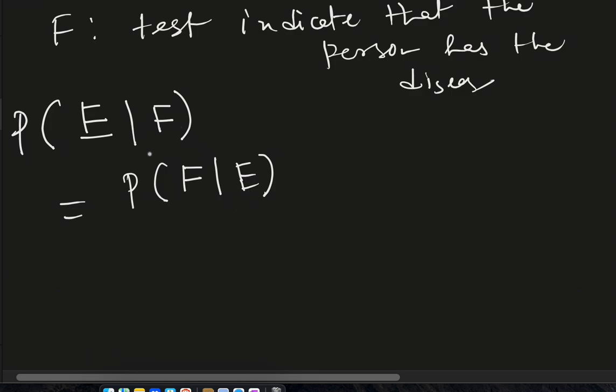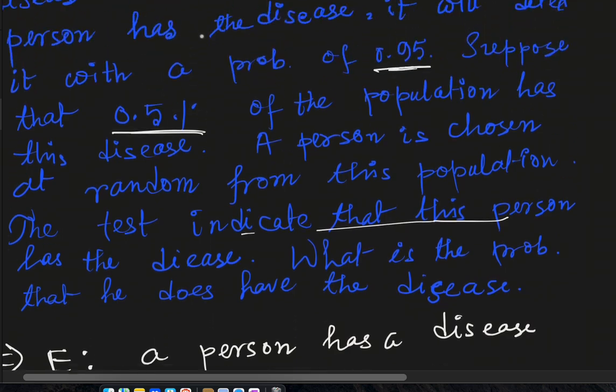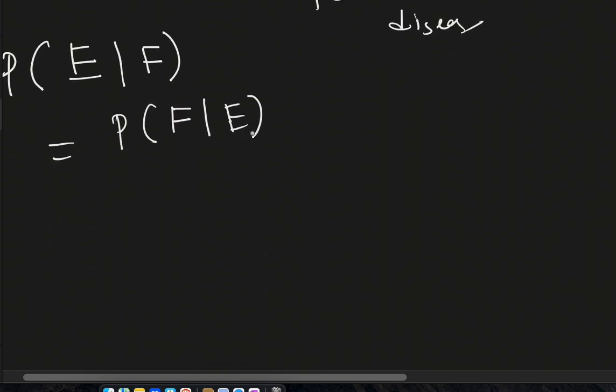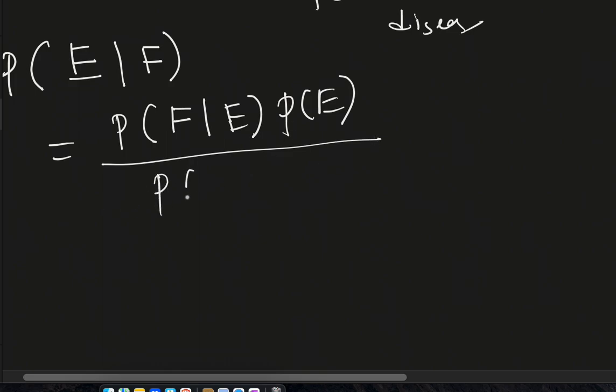That is 95%. So we know this probability: since accuracy is 95%, if the individual has the disease, the test result will be positive. So that is 0.95 into probability of E, the fraction of the population that has the disease, divided by the probability of F.